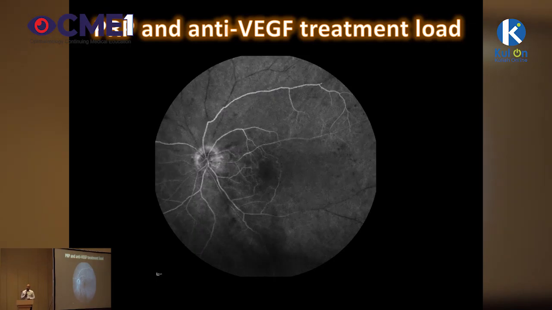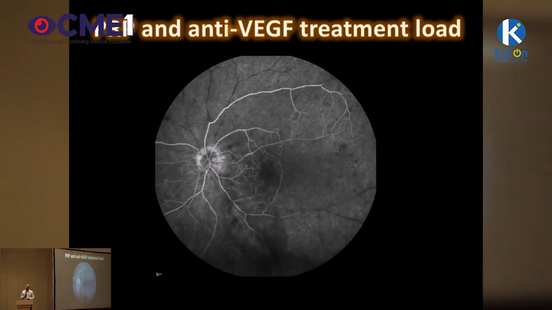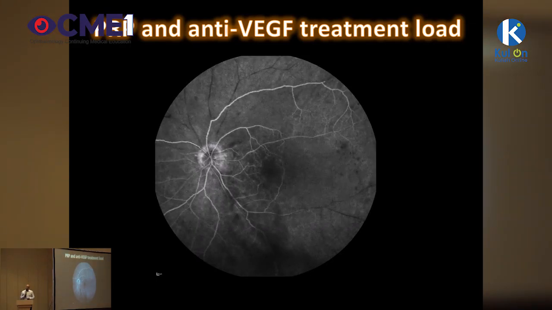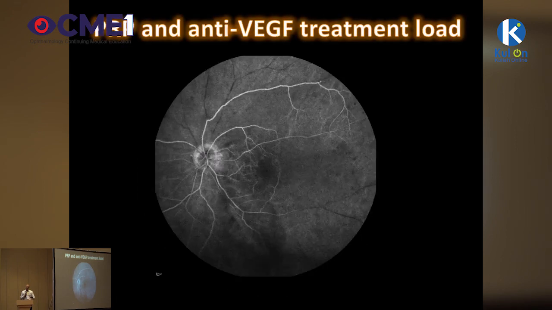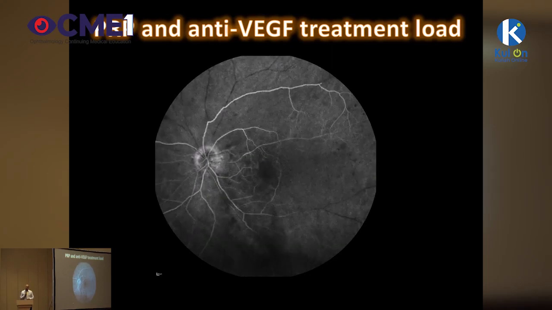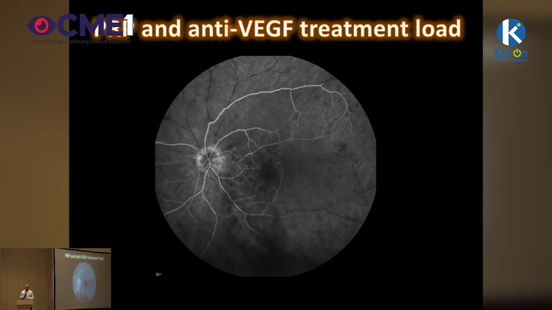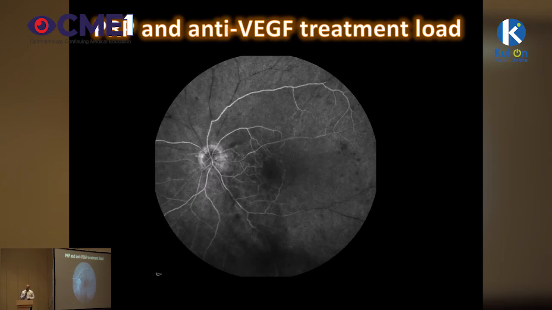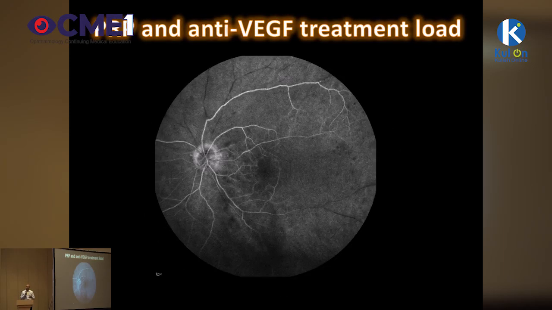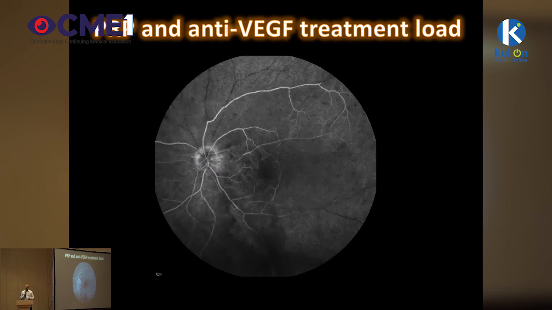Could you play the video, please? So I've started the video midway through the angiogram, but you can see that in this patient there is a very slow transit of the dye through the retina. So even after 2 minutes the retina hasn't filled. It's that slow.